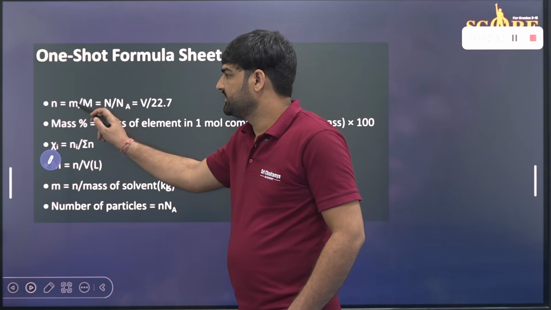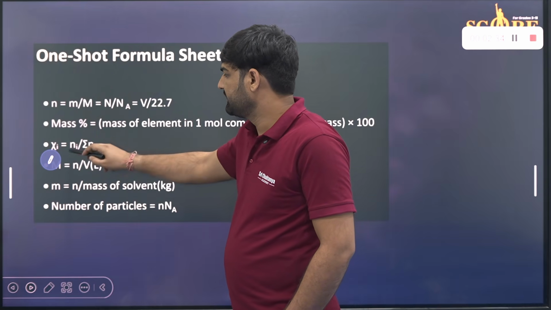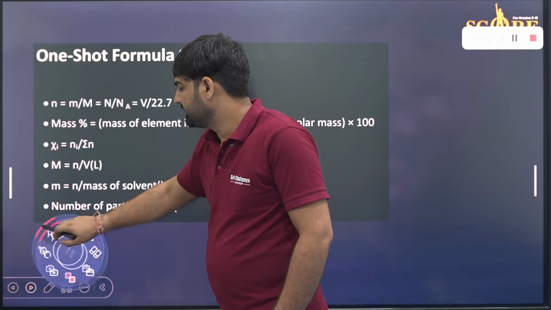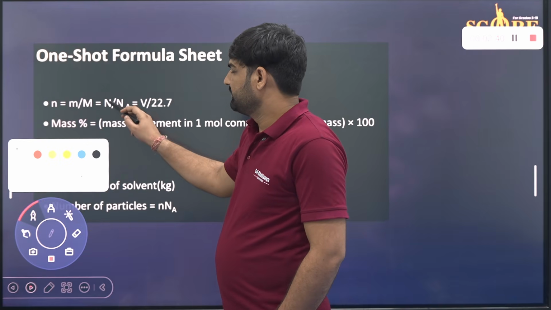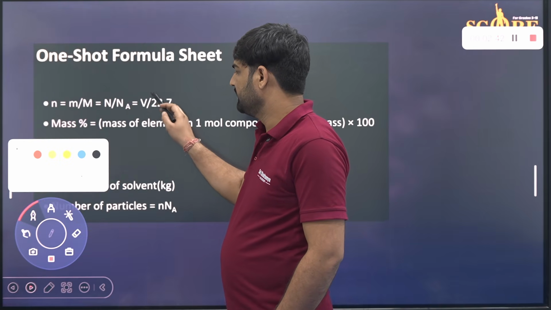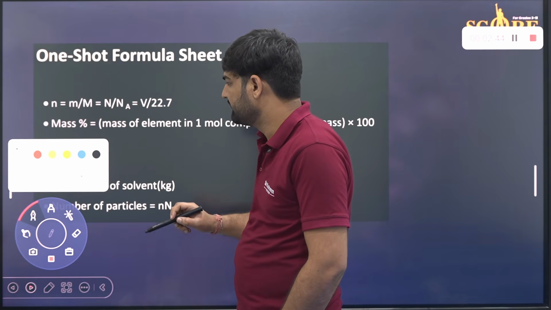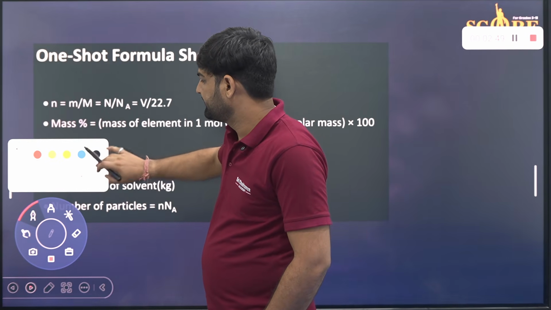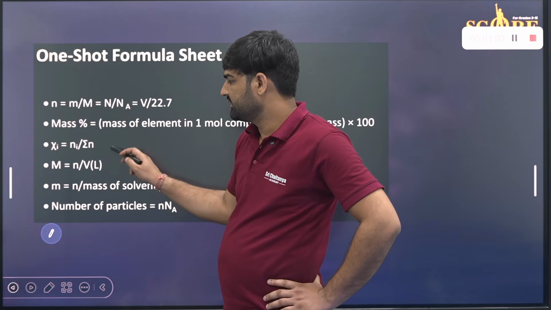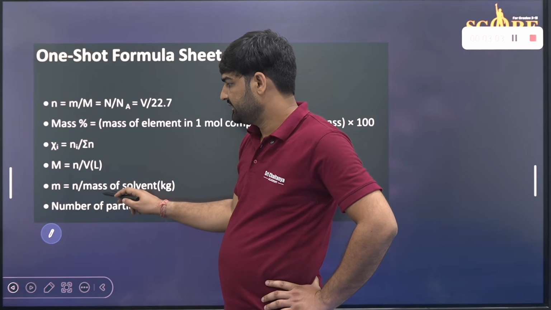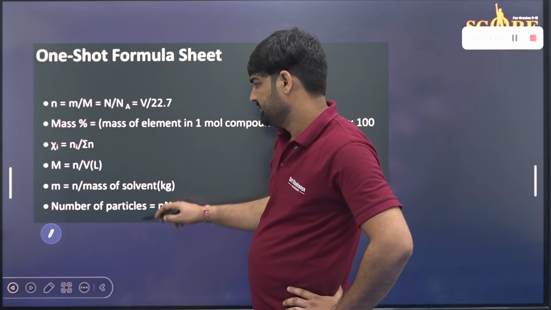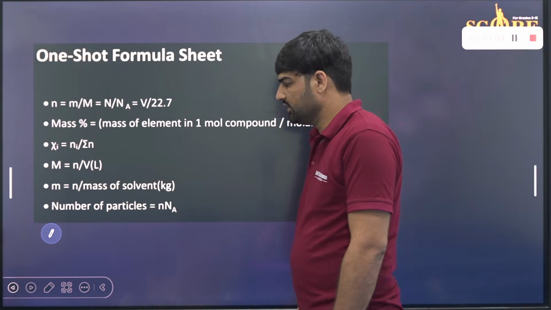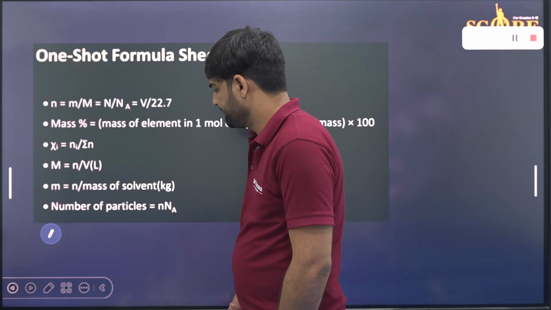For mole calculation: mass divided by molar mass, number of particles divided by Na, volume divided by 22.4 at STP. Next, this is mole fraction, this is molarity, and this is number of mole calculation, which we have already seen.